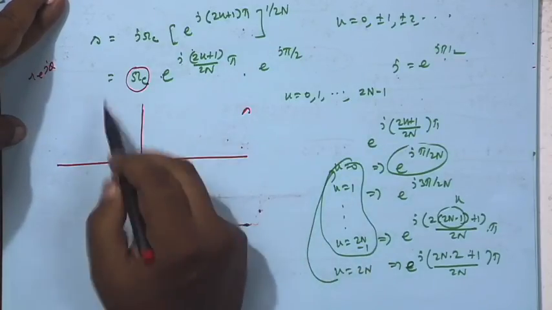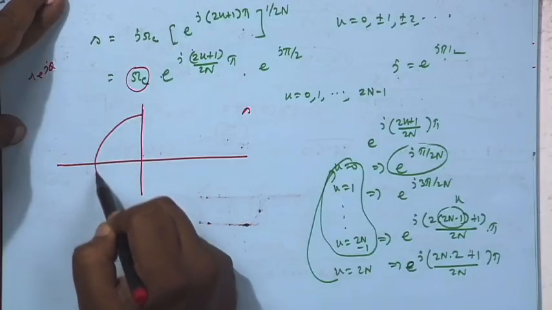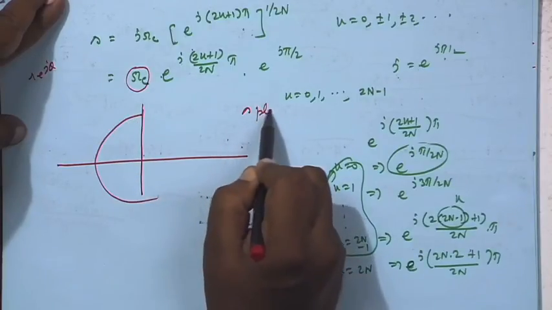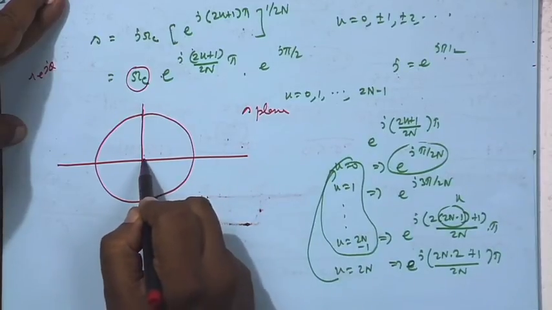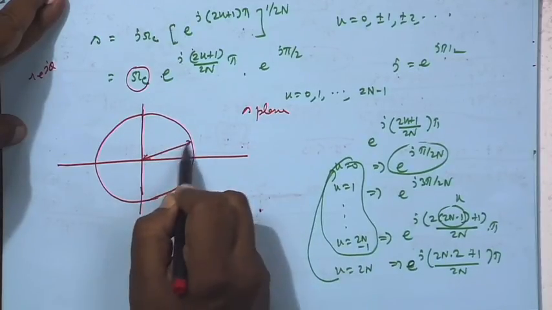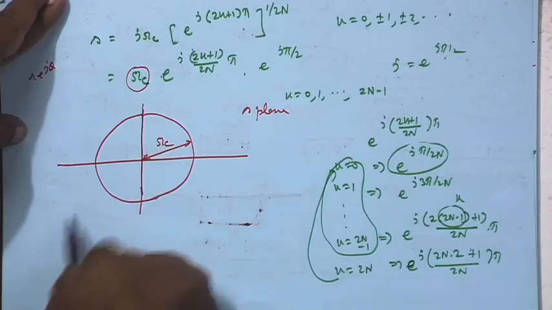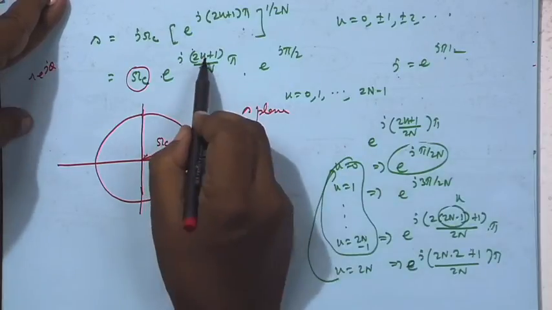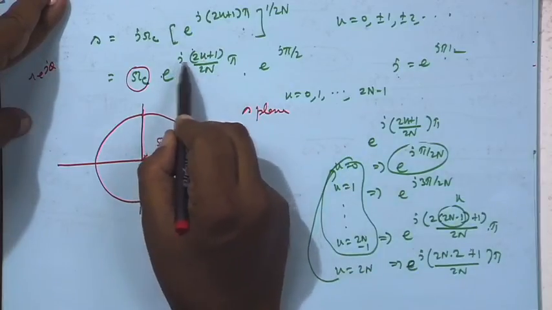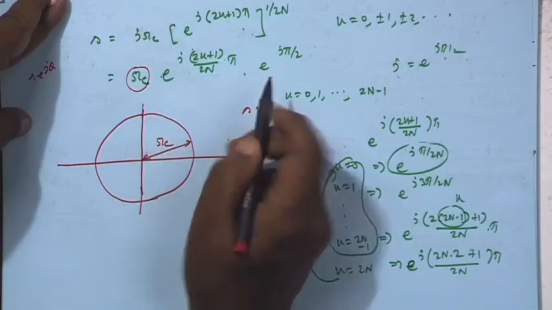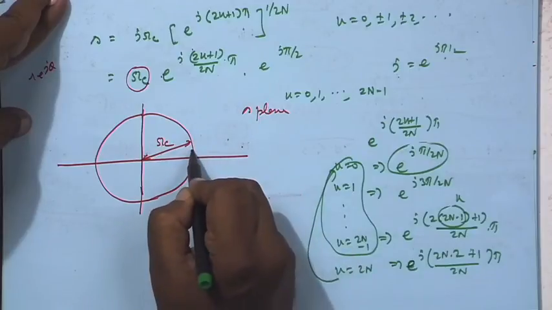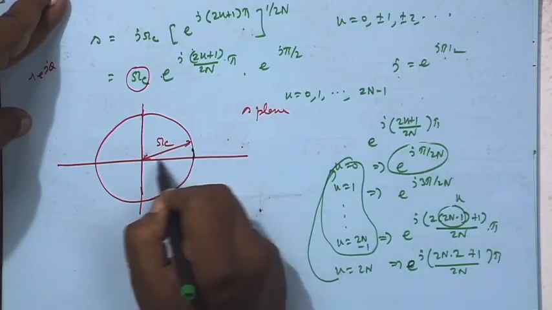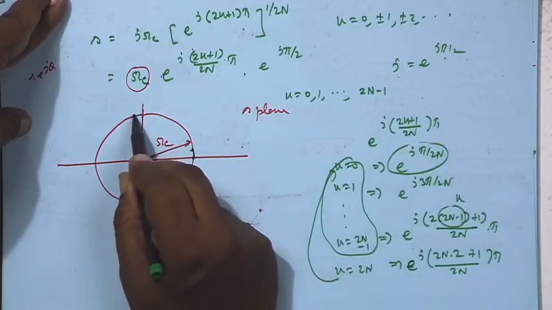So, all the roots are on a circle in the S plane, a circle of radius omega c. What are the roots? You start with k equal to 0. So, e to the power j (pi by 2n plus pi by 2). So, pi by 2n may be this much, and then pi by 2. So, it will be here.